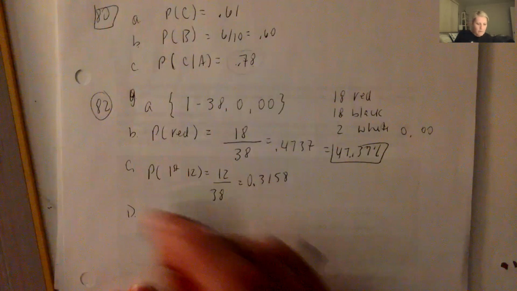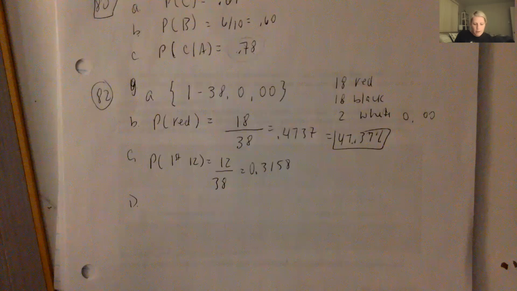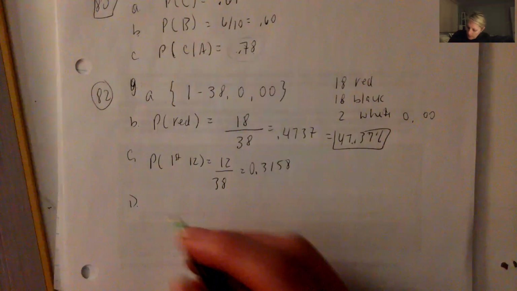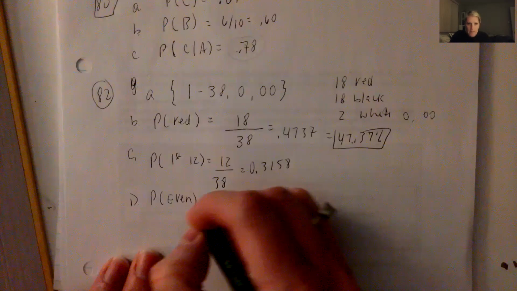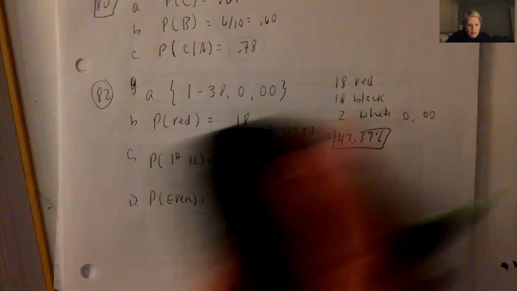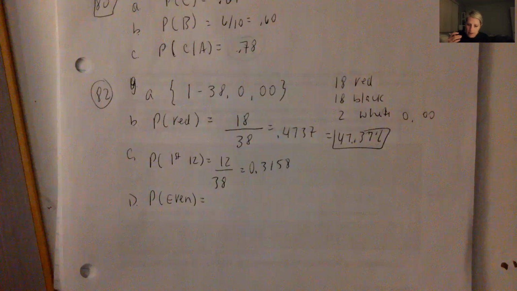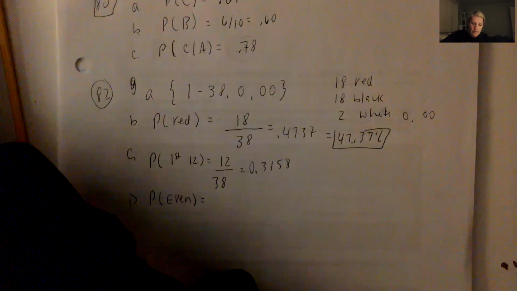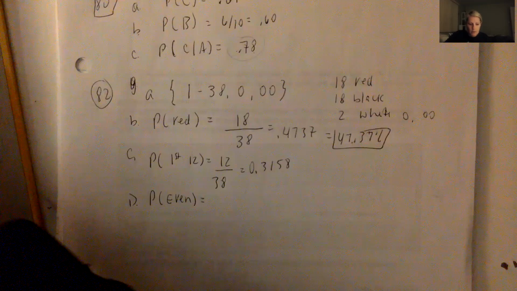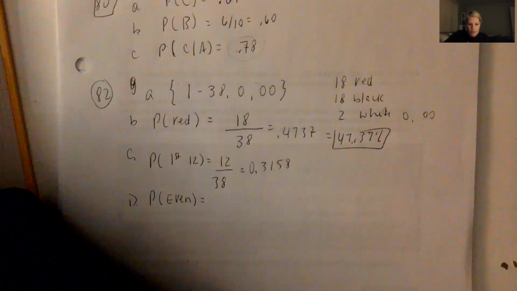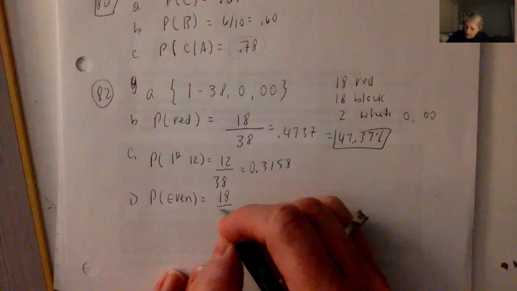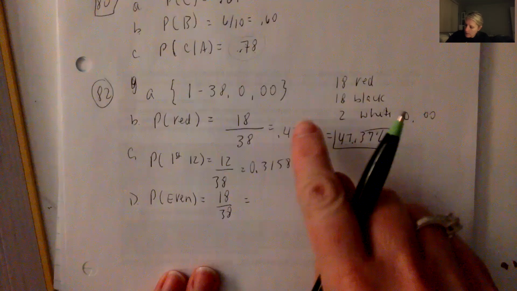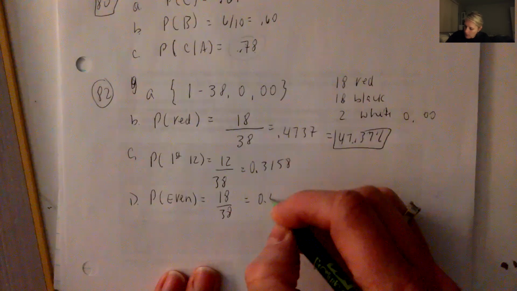D says you bet on an even number. What is the probability of an even number? So the probability of an even. So on the evens, there are 18 evens, just like there's 18 reds. So that's going to be the same as the probability of red, which is 0.4737.